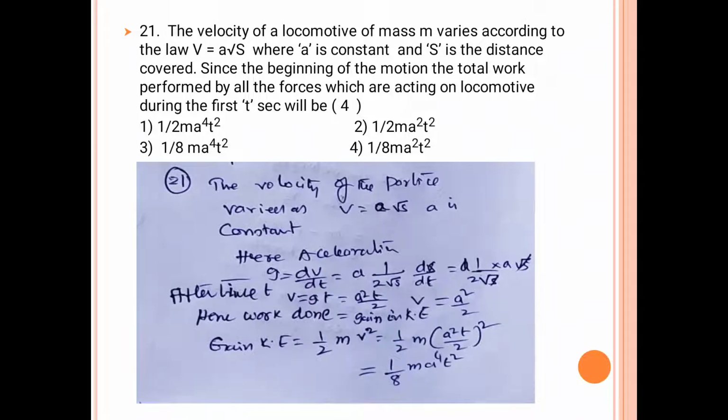Instead of finding the displacement and the force, then multiplying this force into distance to get work done, it will take more time than this process. It is very simple. The only thing is you have to consider that the work done is nothing but the gain in kinetic energy.